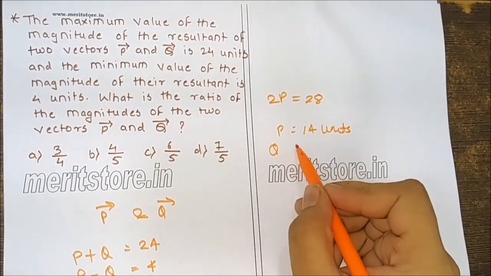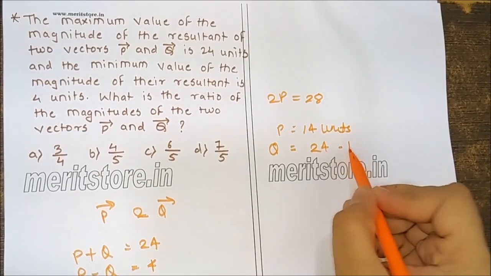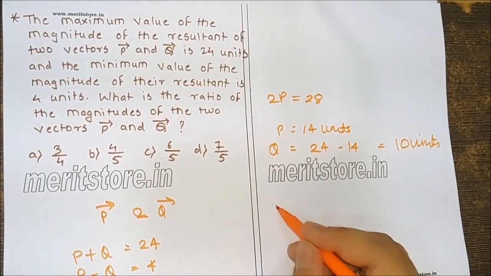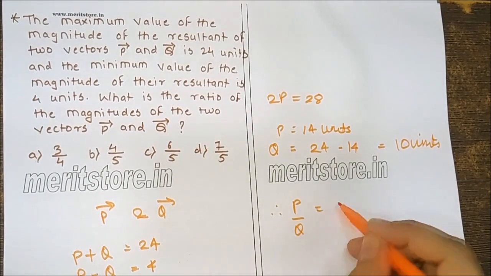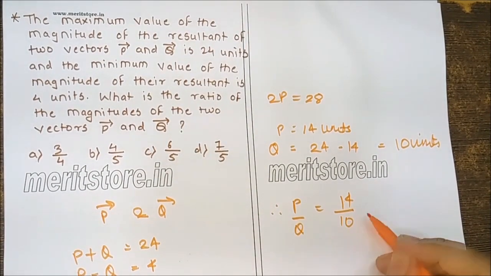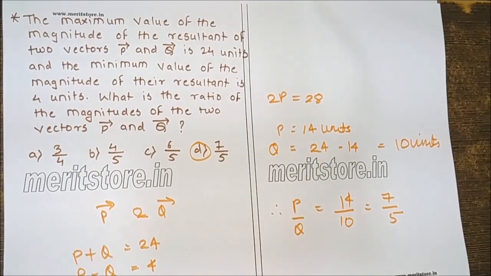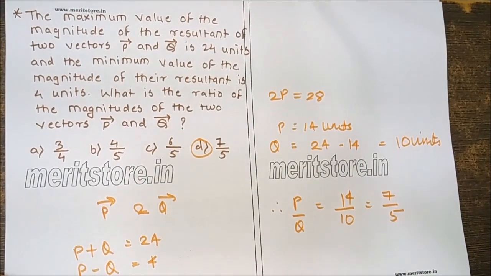Q is equal to 24 minus 14, which is equal to 10 units. Therefore, P upon Q is equal to 14 upon 10, which can be now written as 7 upon 5. So option D, 7 by 5 is the correct answer.